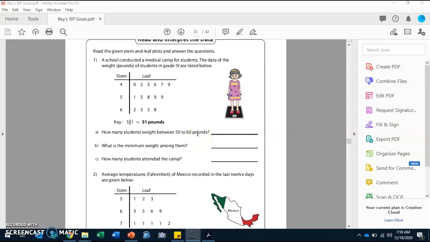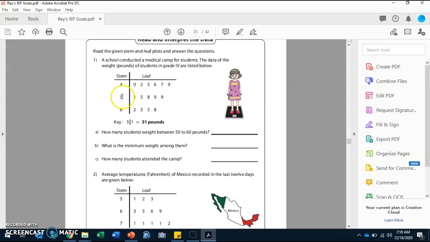So they want to know between 50 and 60. Over here we have our 40s, so we know that those don't count. And over here, 62 is over 60. So here, the 50s are what we're going to be looking at.